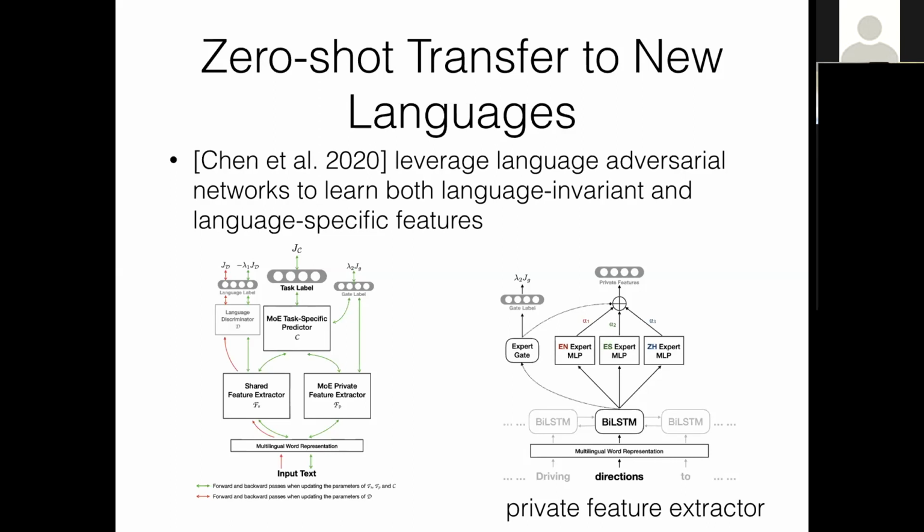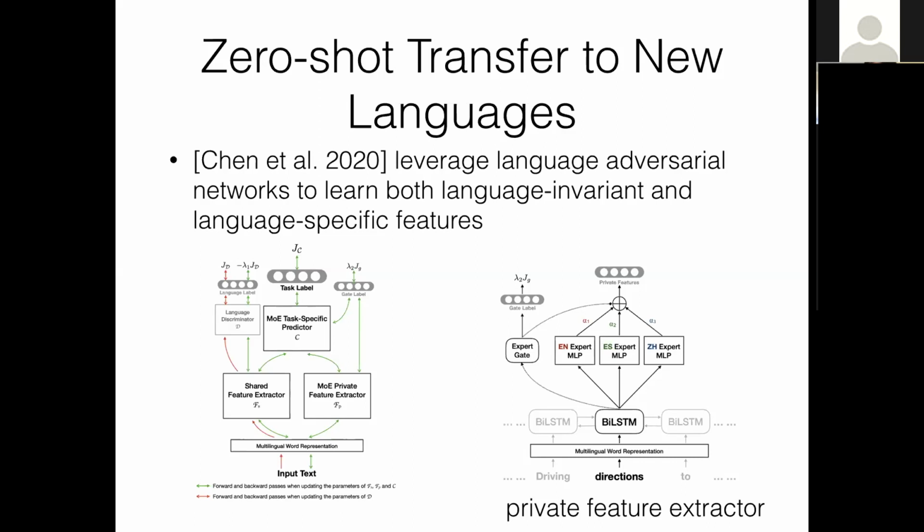The second component, the private feature extractor, is forced to learn language-specific features. On the right, you have the private feature extractor. You have an expert representation for each language, so you have three modules for English, Spanish, and Chinese. Then for a given sentence, you have an expert gate, which computes a convex combination of all of these experts.